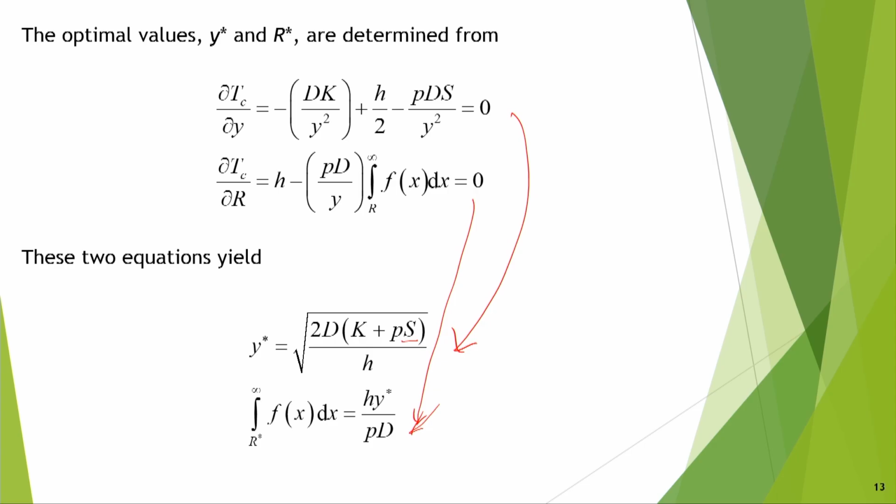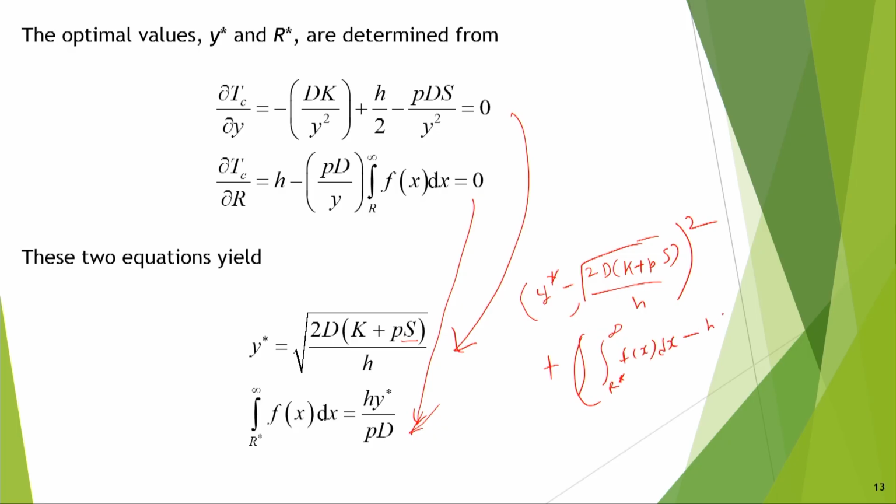Otherwise there is another way of solving these two equations. Suppose I write this equation as (y star minus under root 2D(K plus pS) by h) whole square, plus, bracket close, (R star, integral from R to infinity of f(x) dx, minus h y star by pD) whole square.